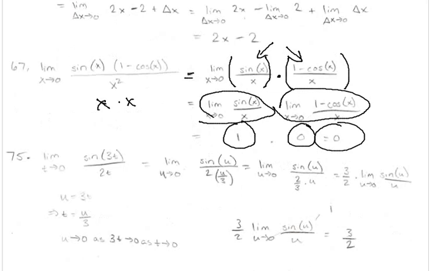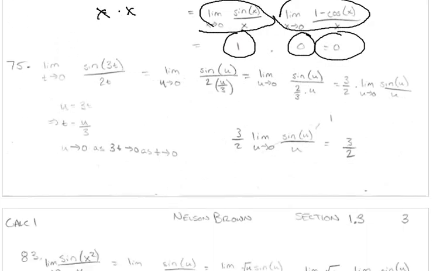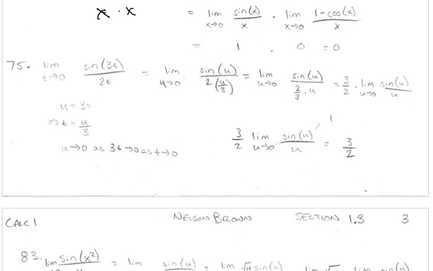How about number 75? Number 75, I didn't talk about it enough in class, and I think that on Monday I will come back to this a little bit, because this has something to do with something called change of variable. They go into it a little bit in example number 10 in the book, page number 66, where they do a change of variables, right?